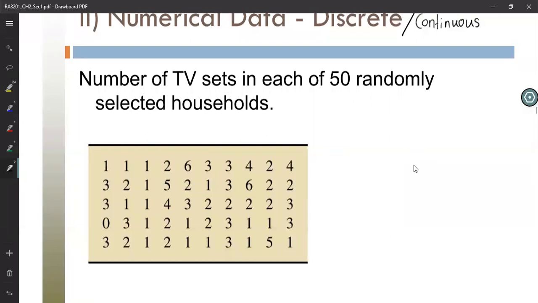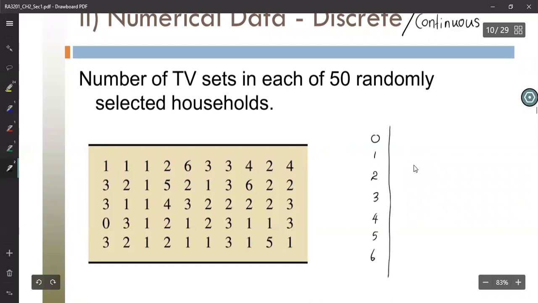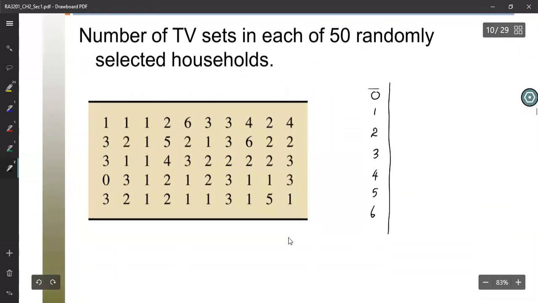So I'll give you some time. So we have 0, 1, 2, 3, 4, 5, and 6. So you can tally the number of TV sets.